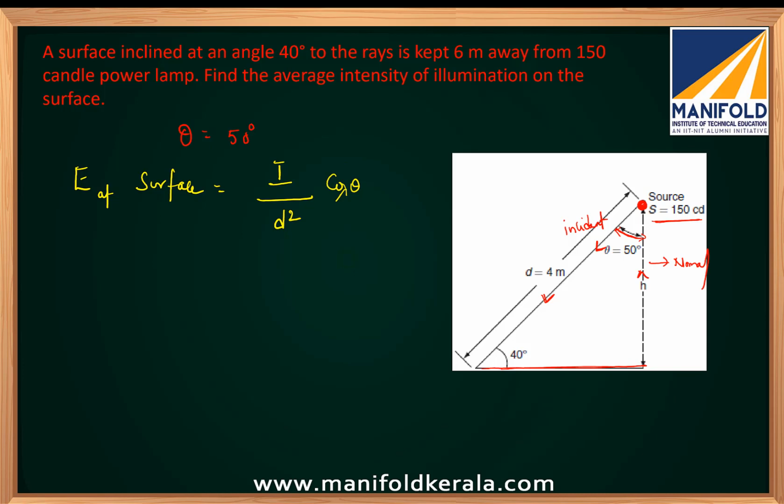So it is 150 candela, or candle power, divided by 4 square into cos of 50 degrees. If you calculate this, you get 6.026 lux. That is the illumination at the surface. Understand?